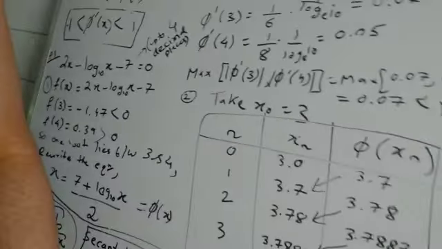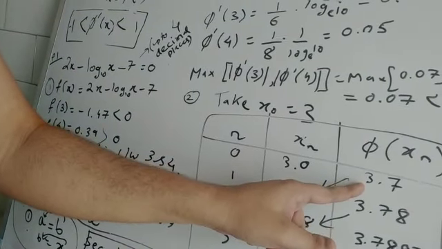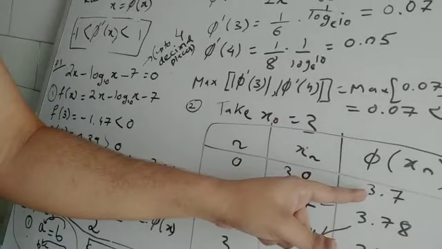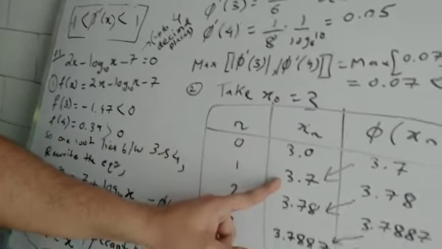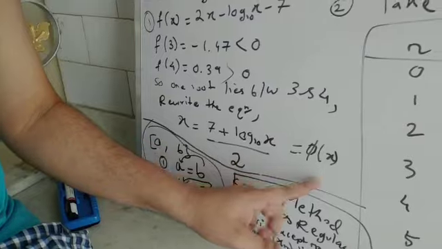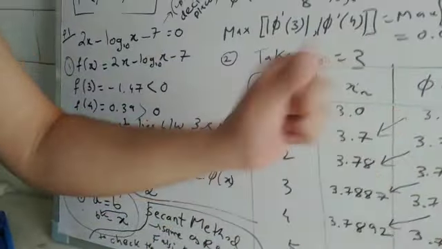Now in the next step, whatever you got as phi x n in the previous step will be your x n now. Since we have written x is equal to phi x n, I can write it this way. But remember, one is the previous value and one is the next value.